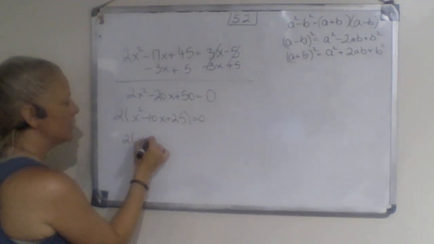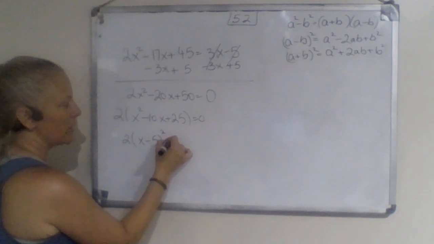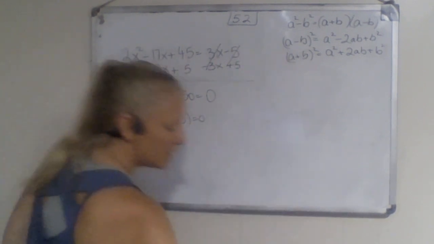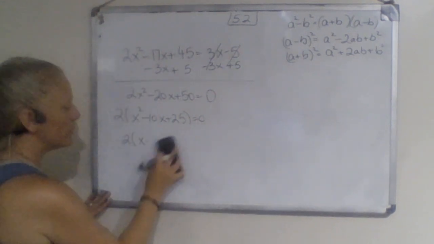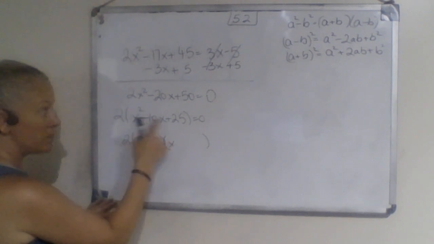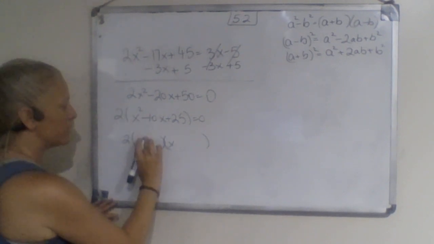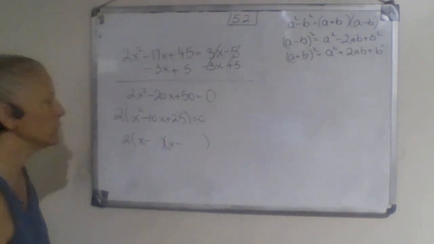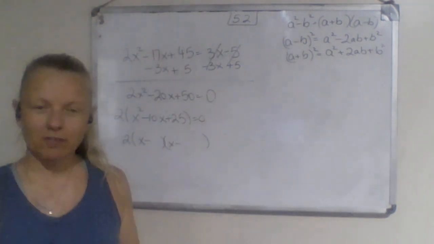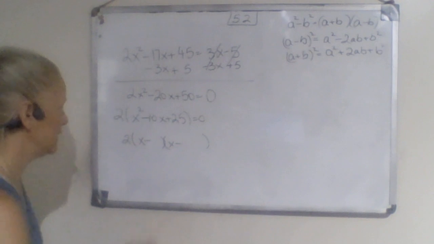This is (x minus 5) squared equals 0. It's the fast way, applying this formula right here. You can also go x, that's a minus, that's a plus, so I know they're both negative. I'm looking at 2 numbers that multiply to 25 and add to 10: 5 times 5 is 25, 5 plus 5 is 10.